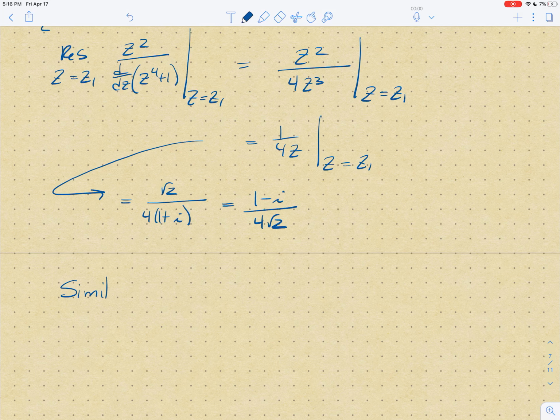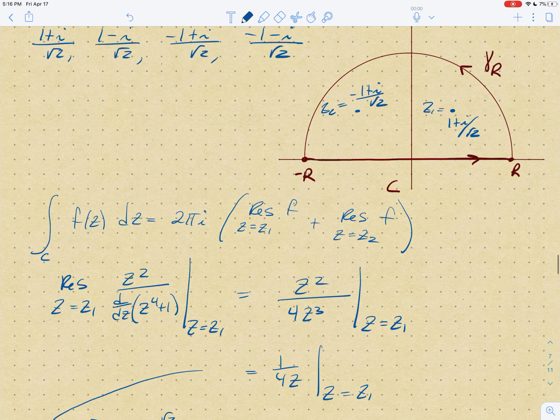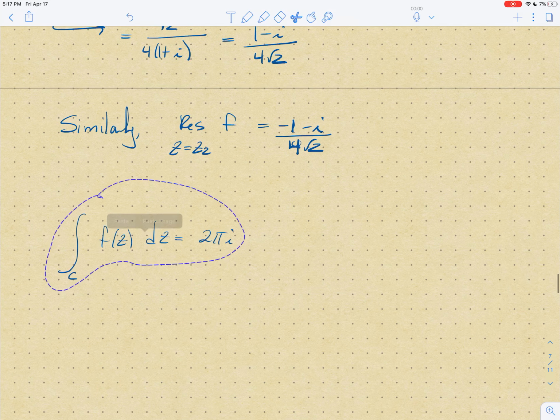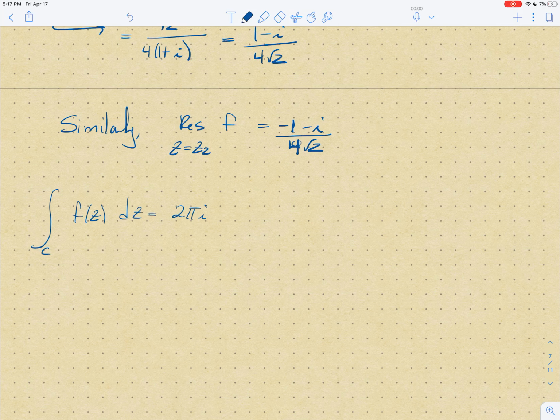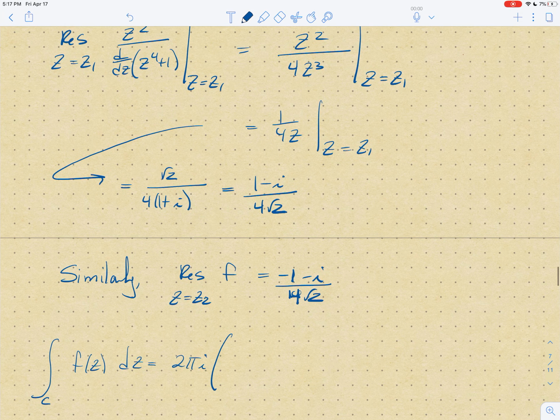I'll let you work out the other on your own. Please pause the video. You can compute that the residue of f at z equals z2 is minus 1 minus i all over 4 root 2. So please check that using the same techniques. And so the point is, if we go back here, the integral of our function around the entire arc is 2 pi i times the sum of these 2 residues.